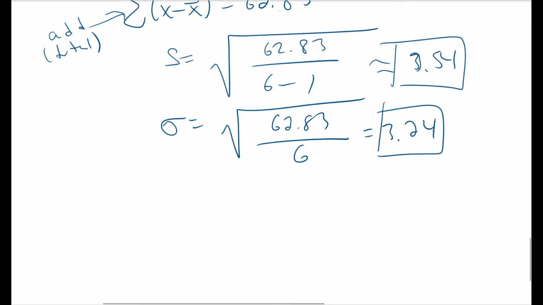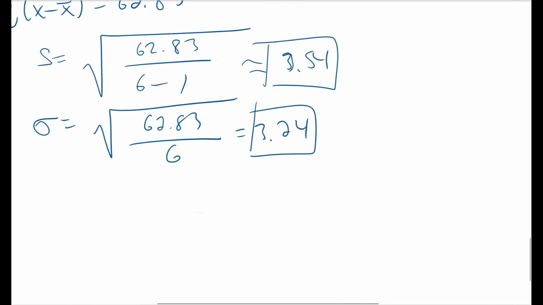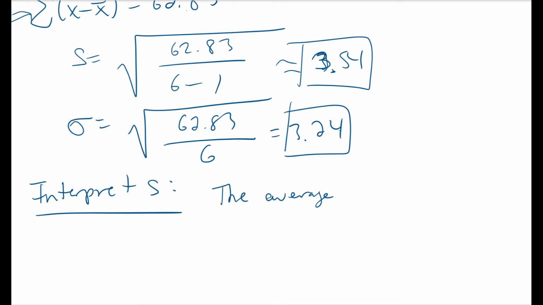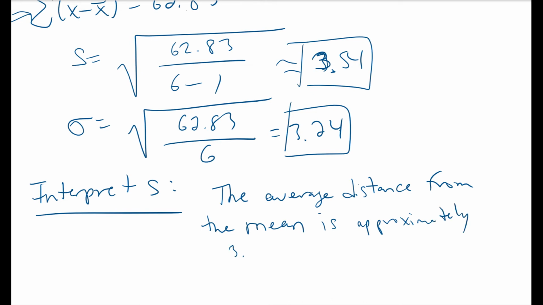So if we want to interpret this value, they want us to interpret S. So this number, this 3.54 number that we have, this means that the average or typical distance from the mean is approximately 3.54 units.